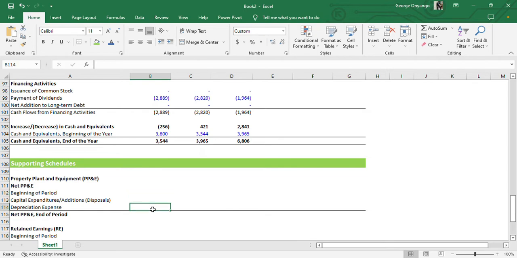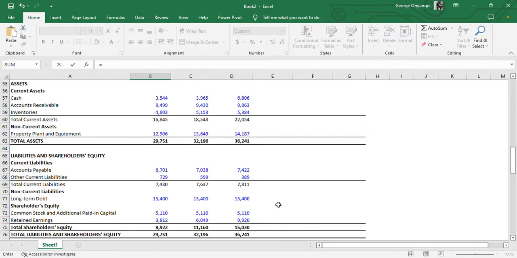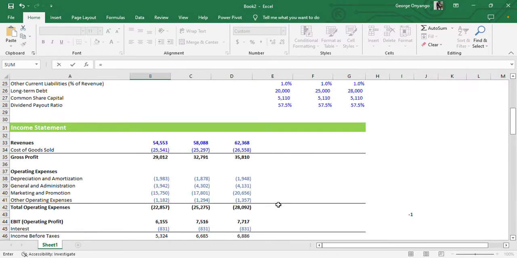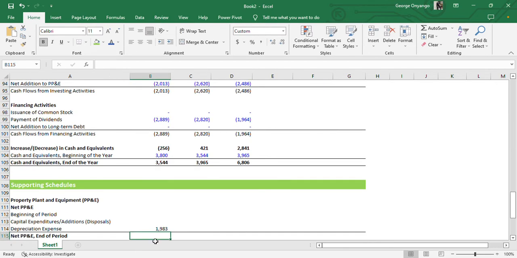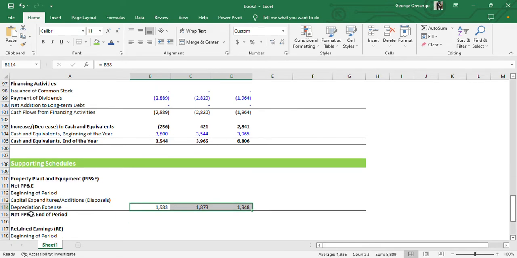So from here, the depreciation expenses we already have from our income statement. We're just going to use that, and we're going to make it now positive. So this is now the depreciation expenses. Then the capital expenditure.